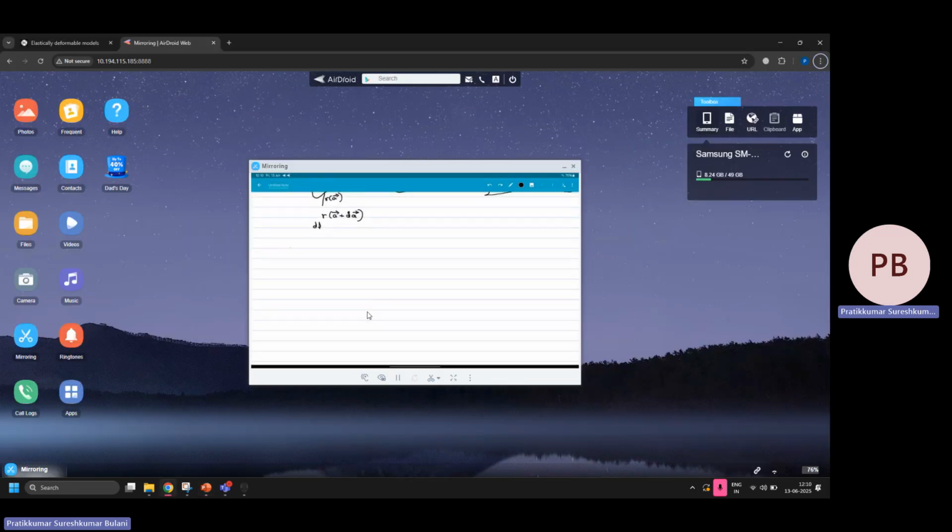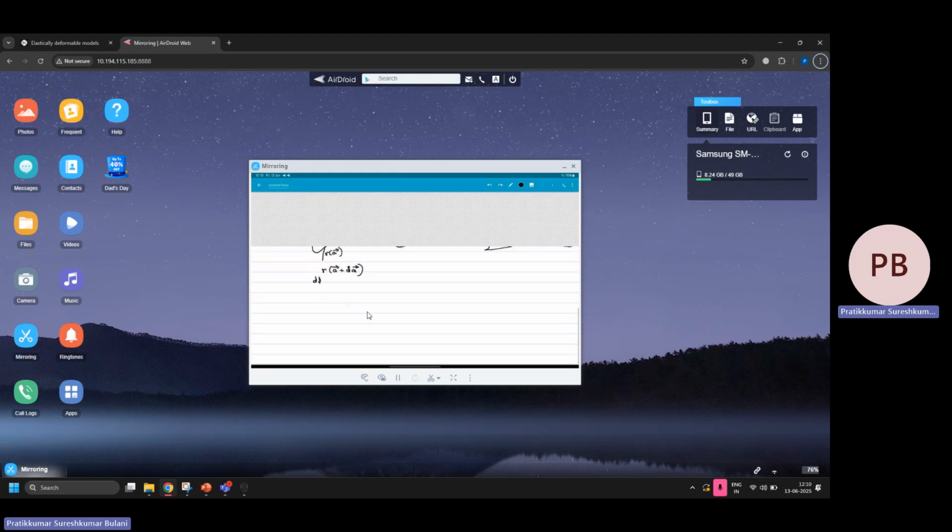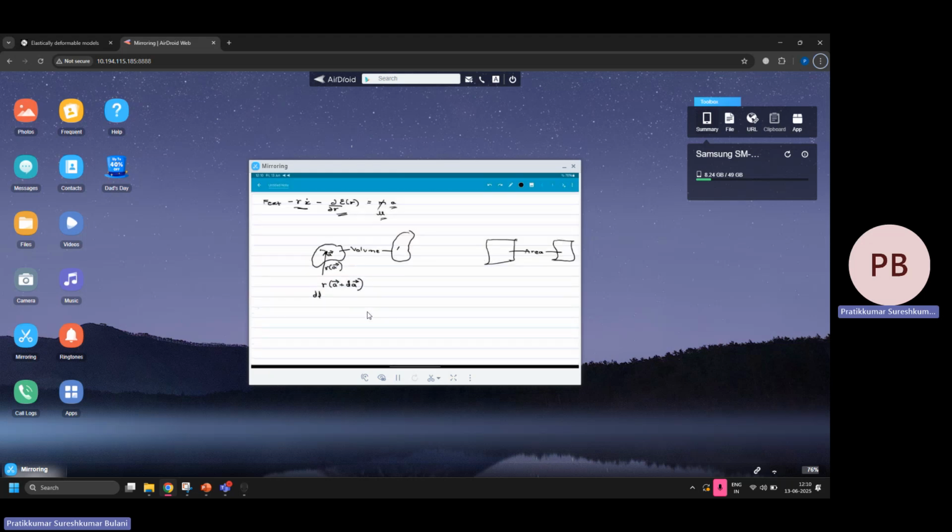Let's say the change, R of A plus delta A minus R of A. Now I'm talking about the vectors, this vector. Makes sense.